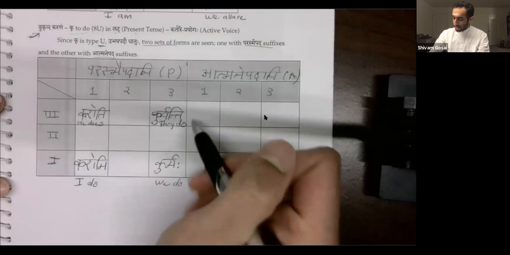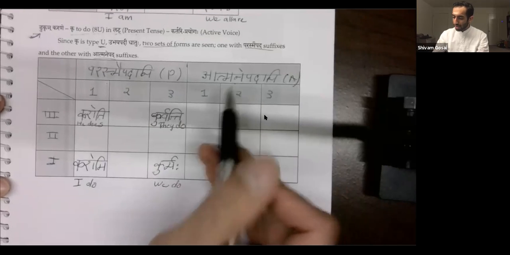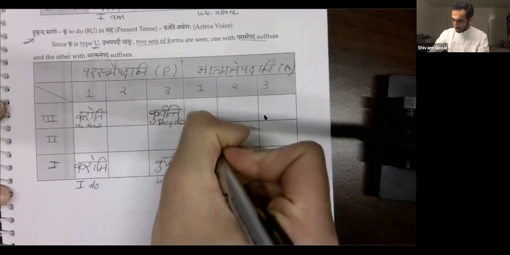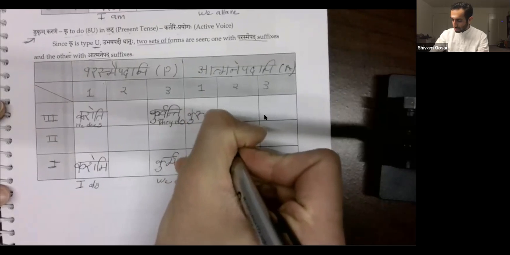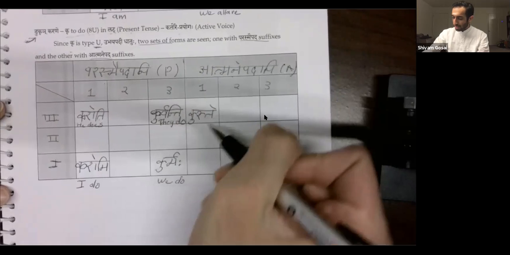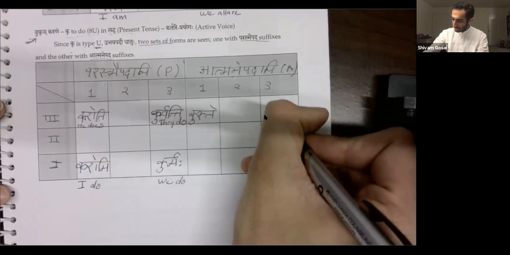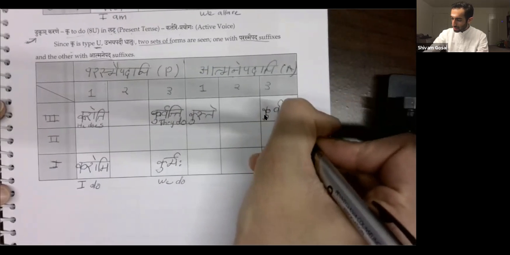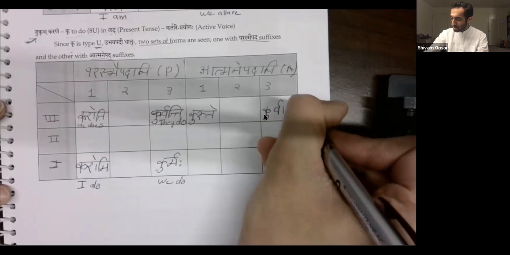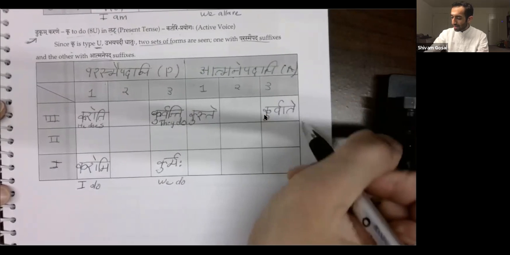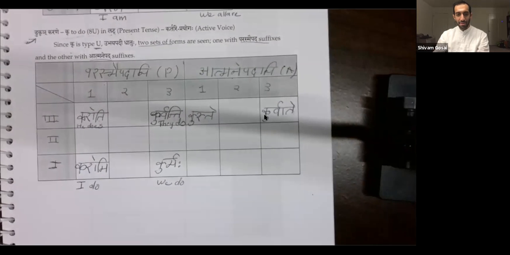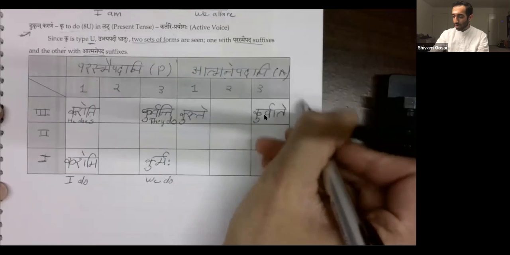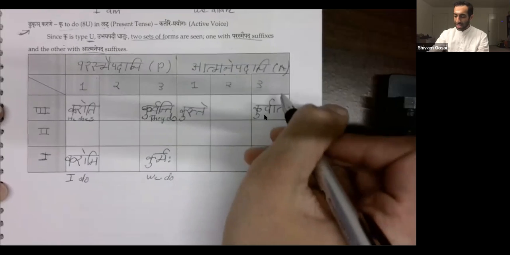Next one. Now, this is the atmanepada type of this kru dhatu. You'll see kurute, he does, kurvate, they do. Notice that the way I write might not be exactly the same as you write, as in the order of markings, and that's okay.